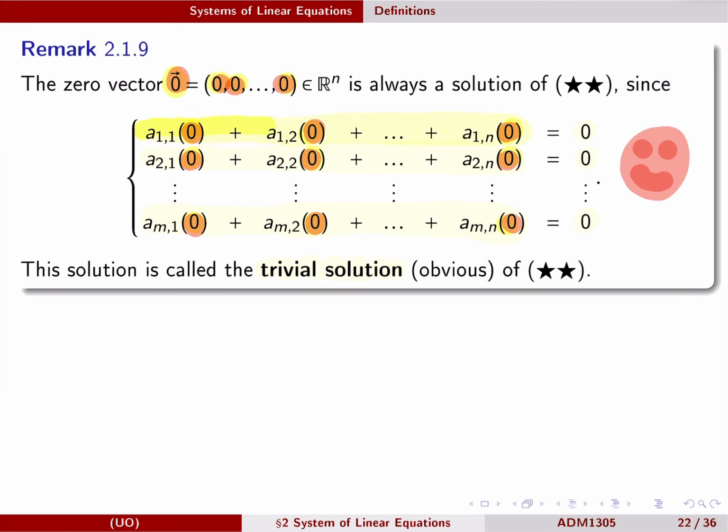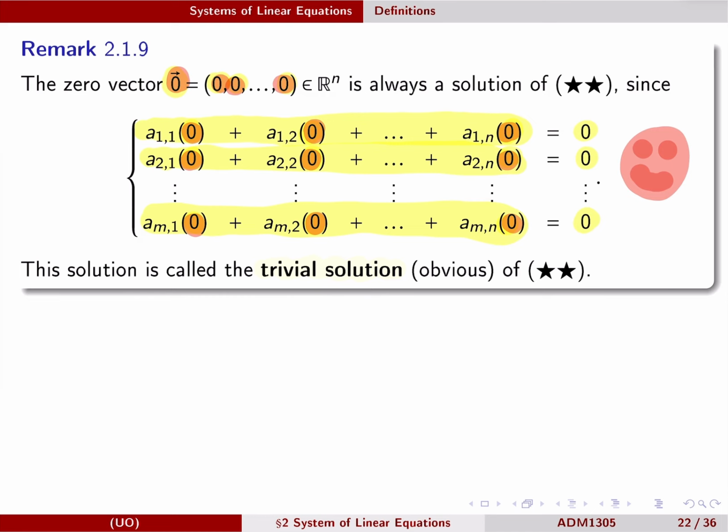When you do the computation for the first equation, you're going to get 0. Same thing for the second equation and all the way down to the last one. So the n-tuple of zeros, the 0 vector, is always going to be a solution of this homogeneous system.